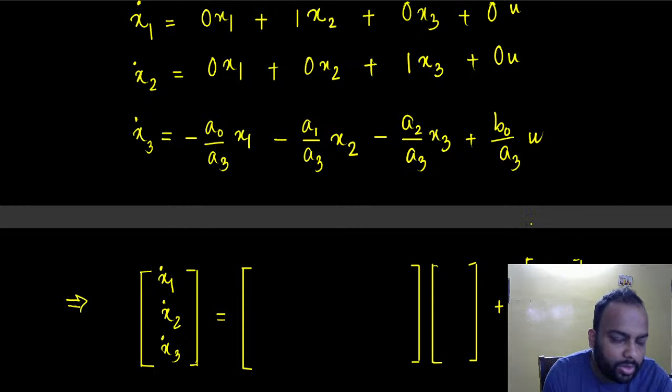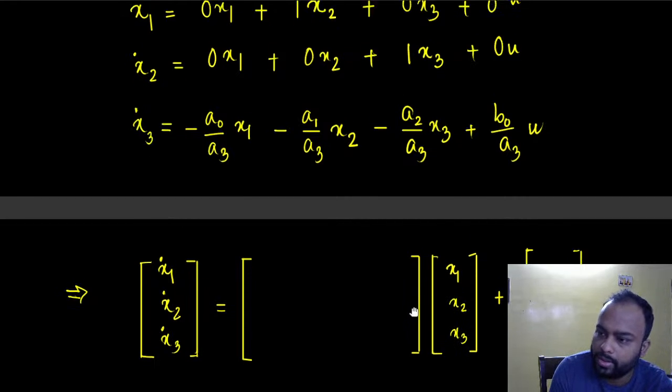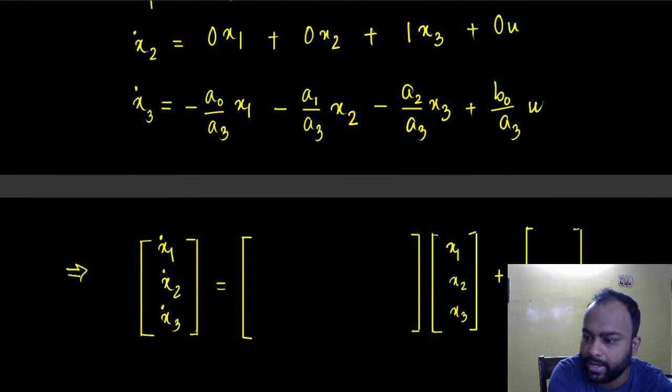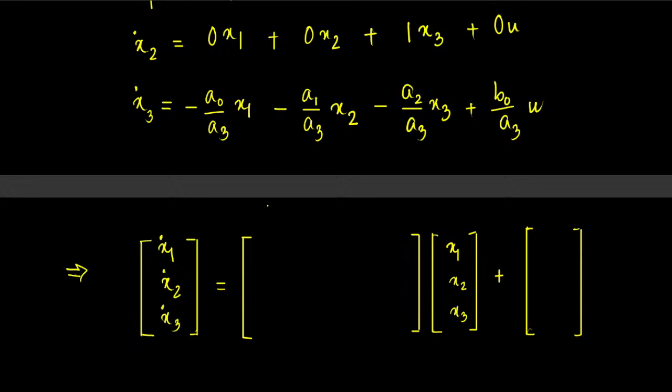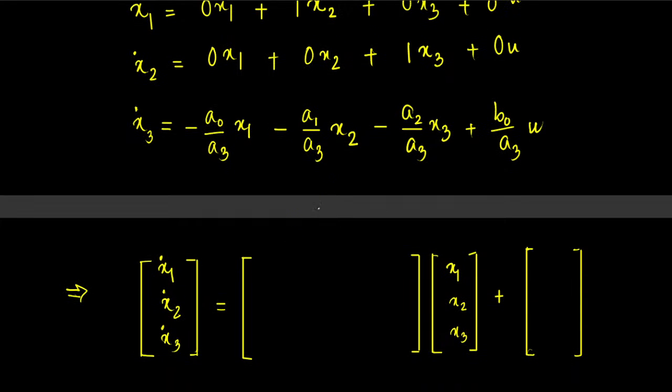All right, so now here I am writing x1, x2 and x3. All right, so all of you understand this, I think. So now whatever element I have here gets multiplied with x1, whatever element I have here gets multiplied with x2, whatever element I have here gets multiplied by x3, and whatever I have gets added, and that becomes x1 dot, right? We know that.